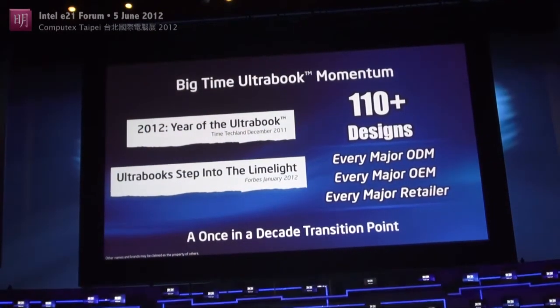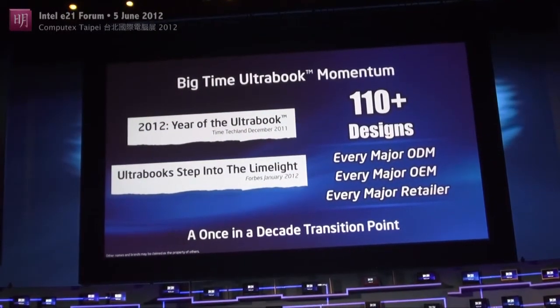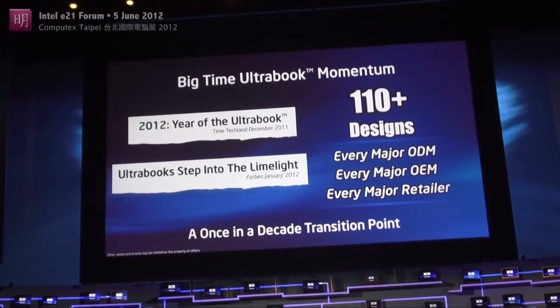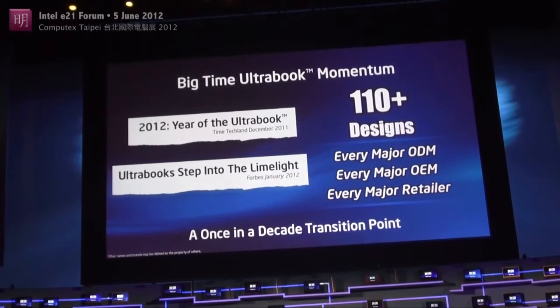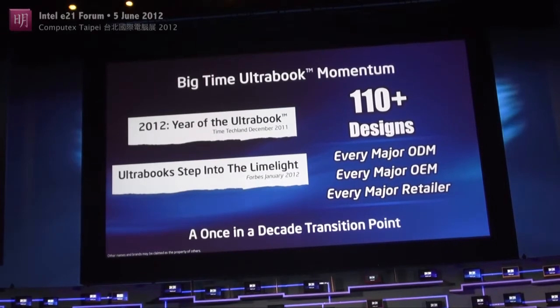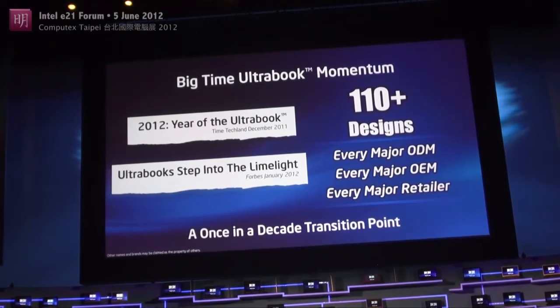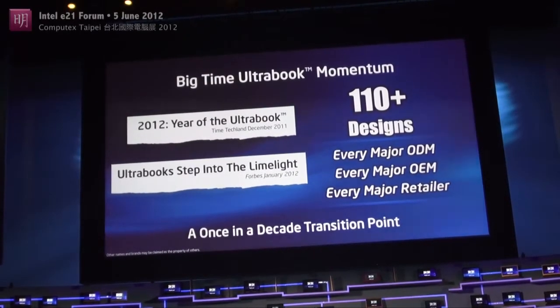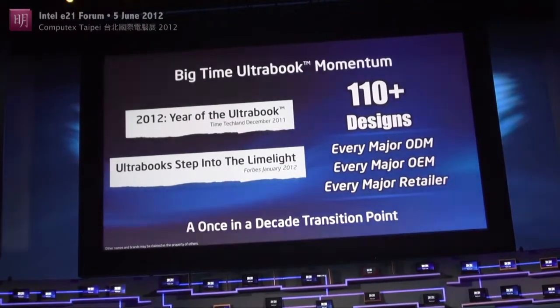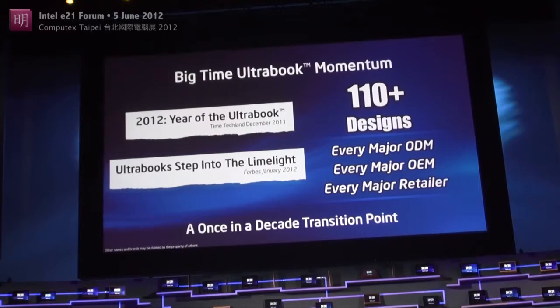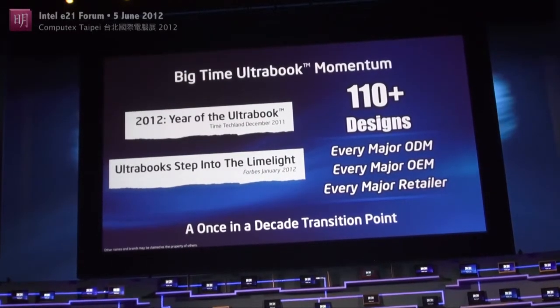Behind me are about 50 Ultrabooks, representing the second major wave. So we're a year later, and we have 110 plus designs on the third generation core. And you're seeing an example of 50 behind me.